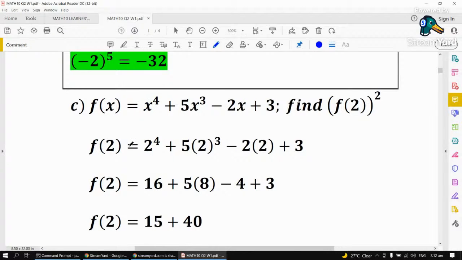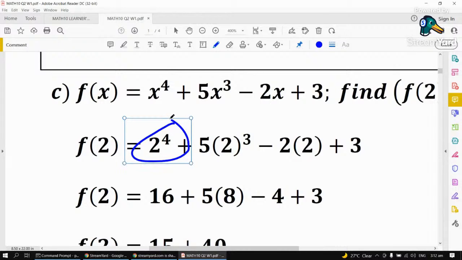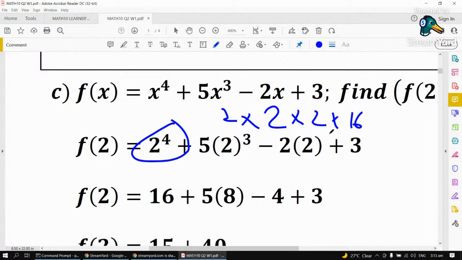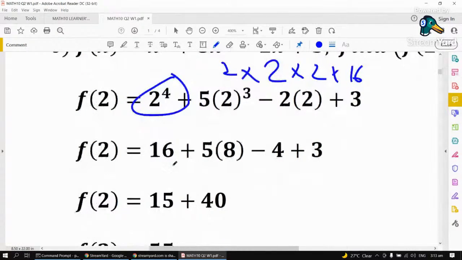So, further evaluation, 2 to the 4th is 2 times 2 times 2 times 2. 2 times 2 is 4, times 2 is 8, times 2 is 16. So that's why nagkaroon tayo ng 16 doon.